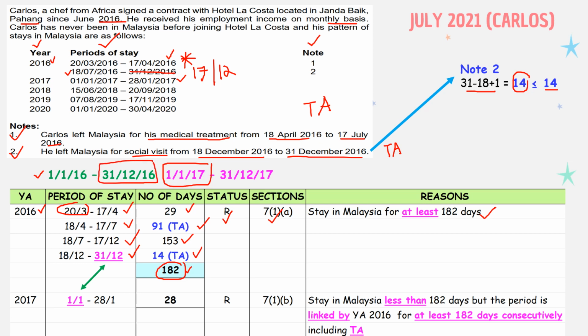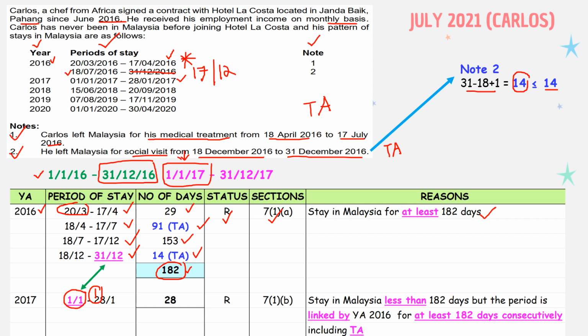That's why condition number 1, before you can cross over or go backward to 2016: in 2017, you must have at least 1 day in January 2017. In fact, we have more than 1 day. For example, let's take 1st January. So condition number 1 is fulfilled.